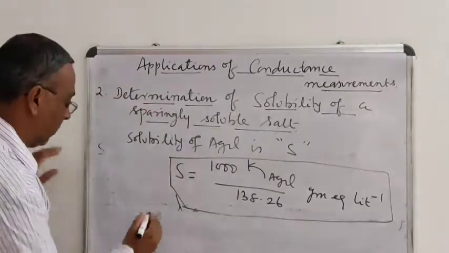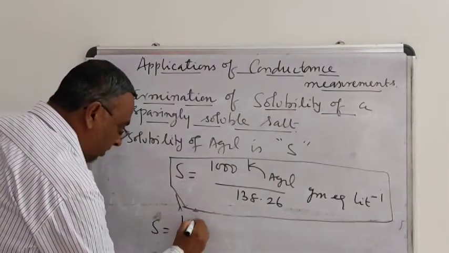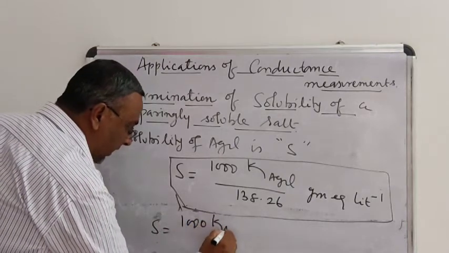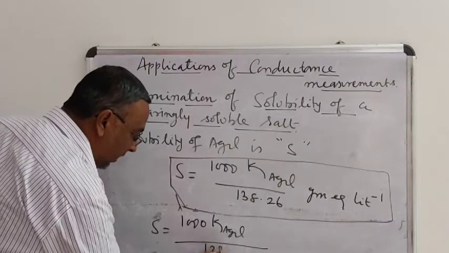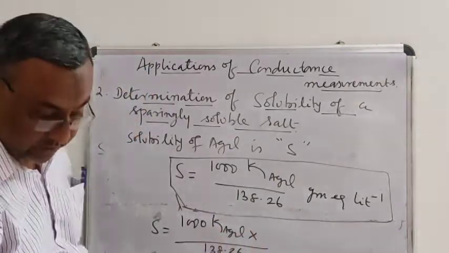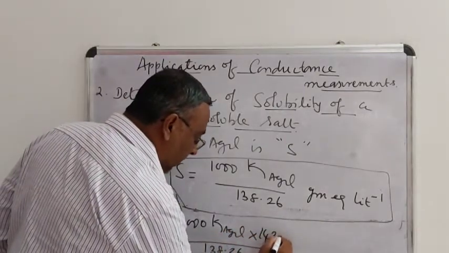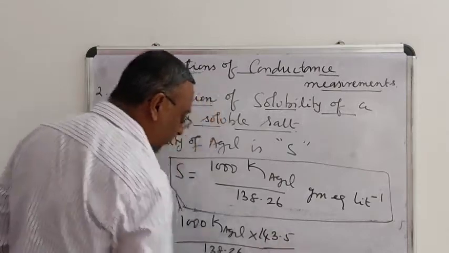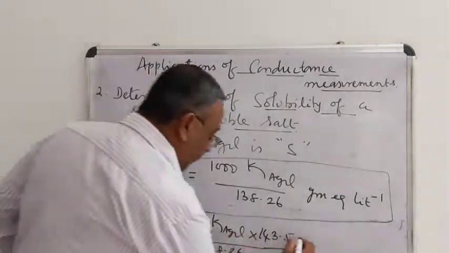The solubility of silver chloride will be 1000 into specific conductance of AgCl divided by 138.26, into the equivalent weight of silver chloride 143.5, which gives grams per liter.